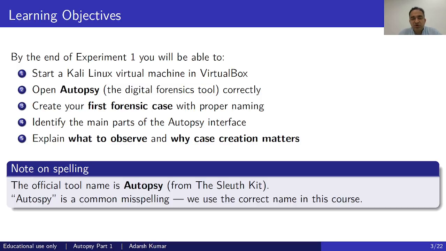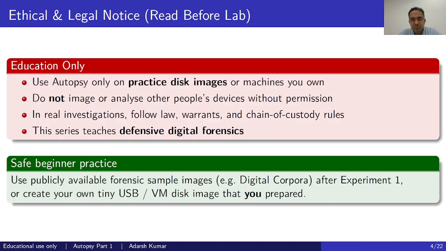One small but important step. The official tool name is Autopsy from The Sleuth Kit. Autopsy is commonly misspelled, and throughout this course we'll use the correct name. This slide is not just legal text, it is core professional mindset. Use Autopsy only on practice disk images or on machines that belong to you. Do not image, copy, or analyze someone else's phone, laptop, or USB drive without permission, even if you are just curious.